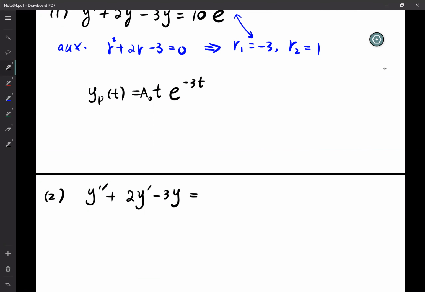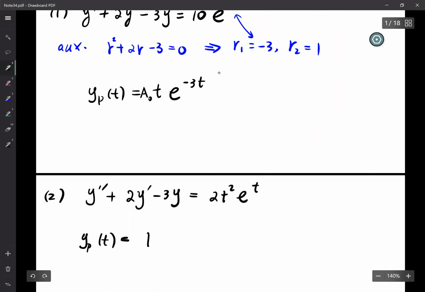Any other question? Okay, let's consider this problem. This is very similar; the auxiliary equation is exactly the same. The exponent here is 1, which agrees with this root 1. So for y_p(t), we know that we again multiply by t, since this is a simple root.